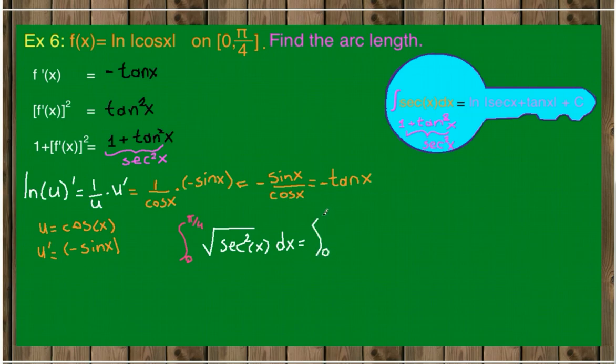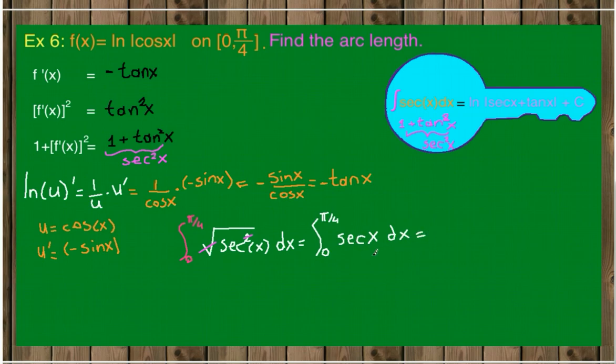Integral from 0 to pi over 4. Secant squared of x goes out of the radical sign as secant x. The square cancels the square root. dx.